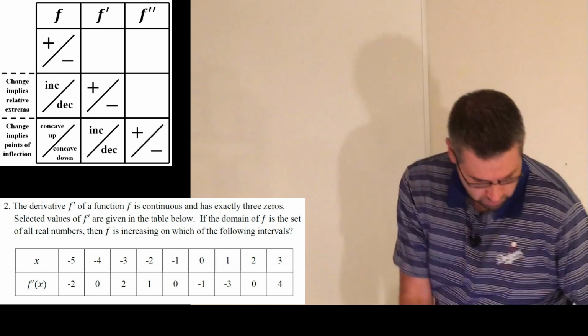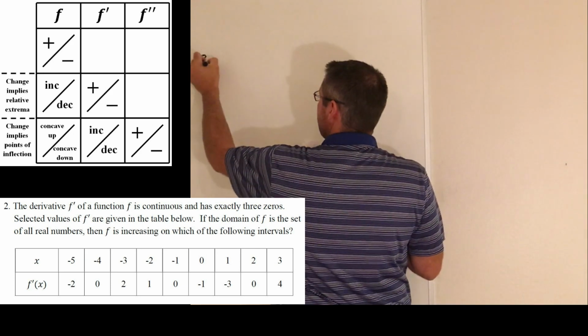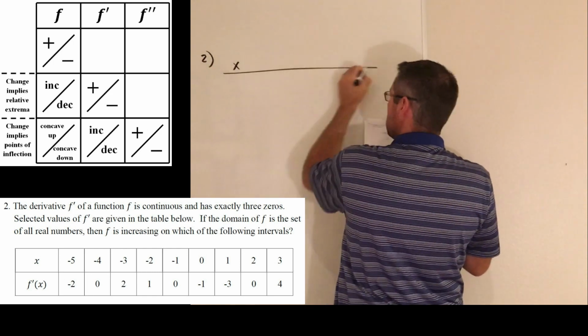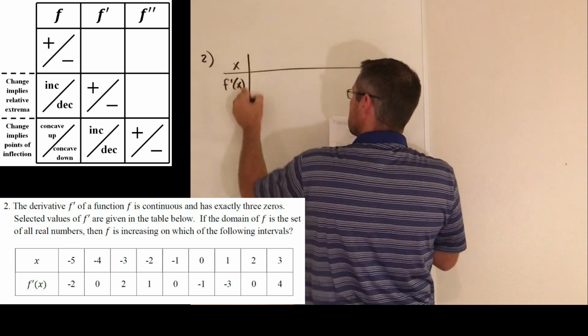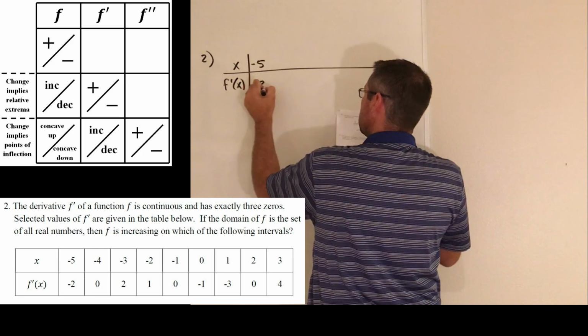For number 2, we're given a table, and I'm going to go ahead and write this table down so I can point to it. We have different values of f prime of x. So when x is -5, f prime is -2.